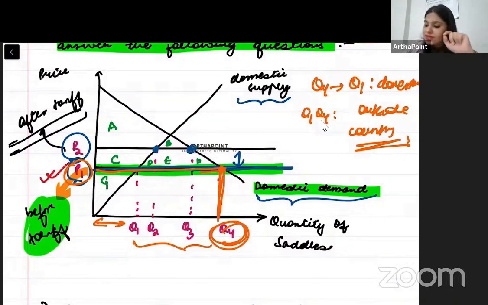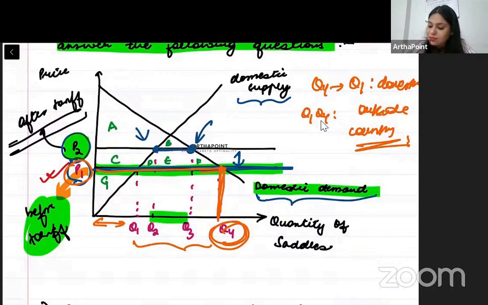Note that after tariff, the price is P2. And when the price is P2, the gap between demand and supply is this much. This was demand at price P2, and this was supply at price P2. So these are the imports, and the tax paid is this much.